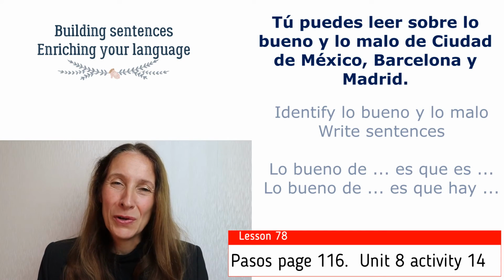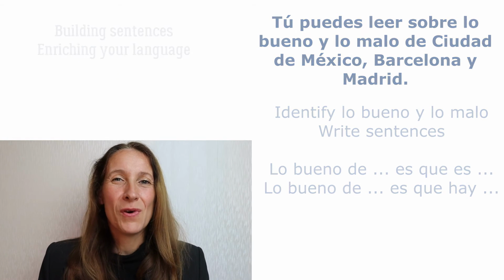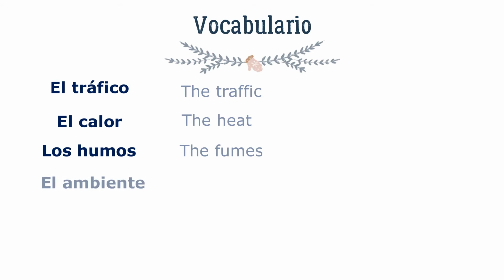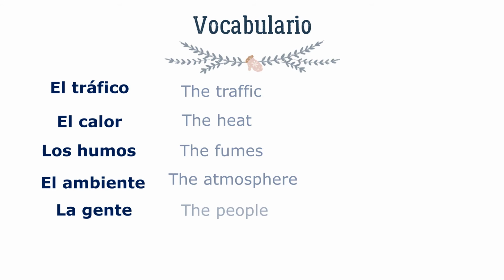Now, let's have a look at un poco de vocabulario. And this is vocabulario about una ciudad. So, el tráfico, the traffic. El calor, the heat. Los humos, the fumes. El ambiente, the atmosphere. La gente, the people.